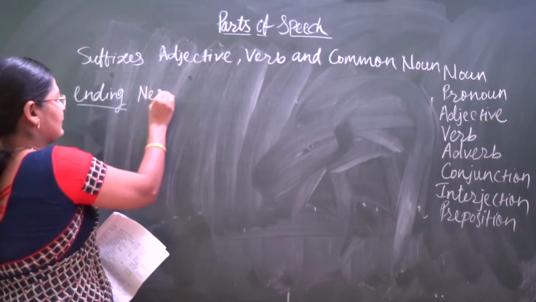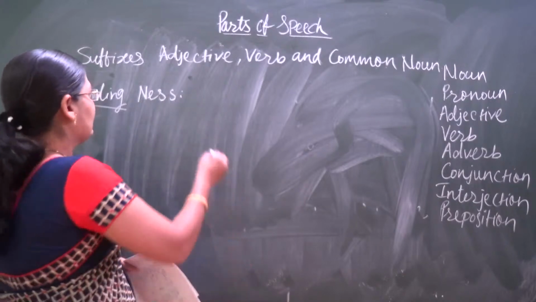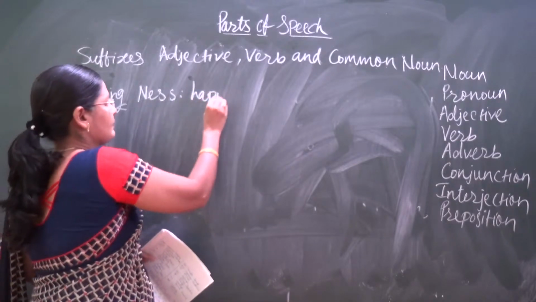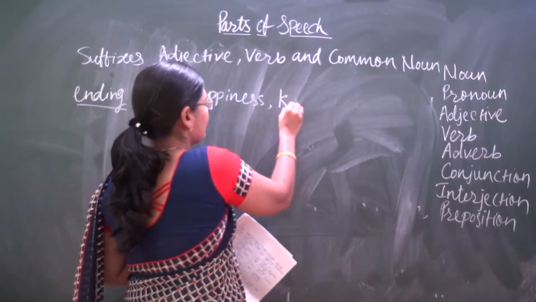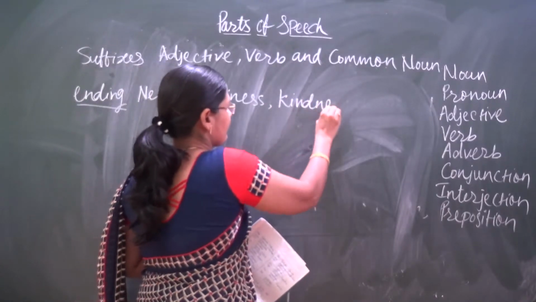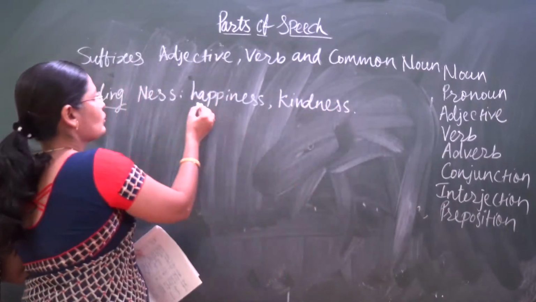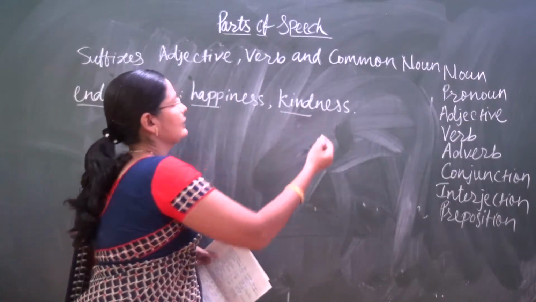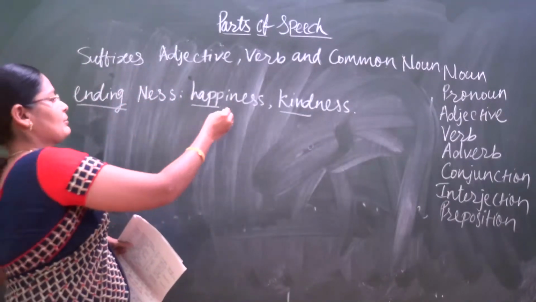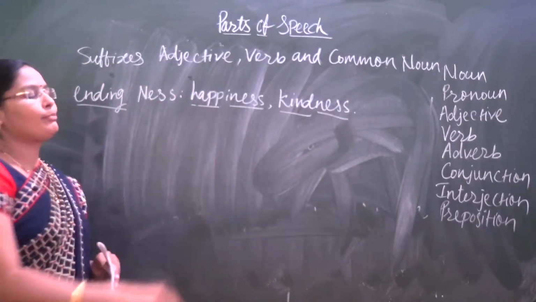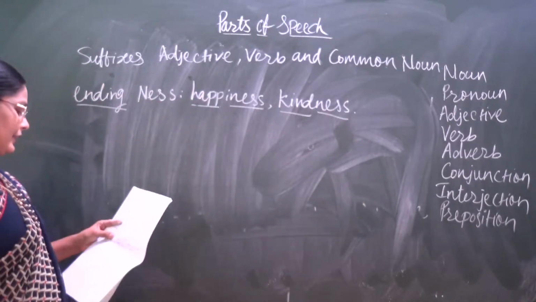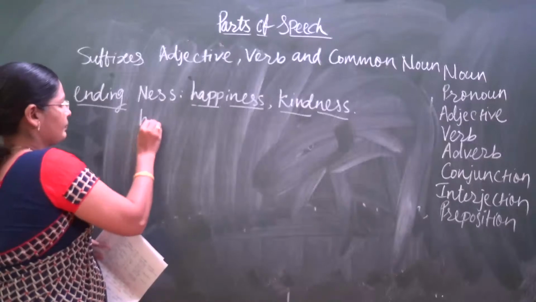First one is ness. Happiness, kindness. Happy and kind are adjectives, and we are adding the suffix ness to them and forming the nouns happiness and kindness. Like the same, hood.